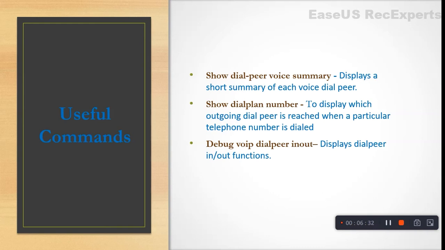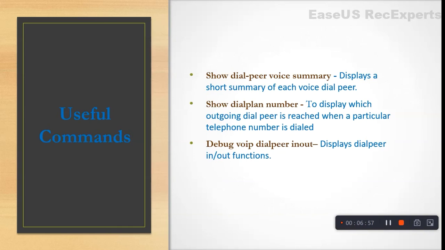The debug outputs are very easy to read. You will be able to see the number of the dial pairs with their tag that are probable matches as per the router and as per your configuration, and which is the best match that is being used by the router to route a call. So these are the important commands that can be used.